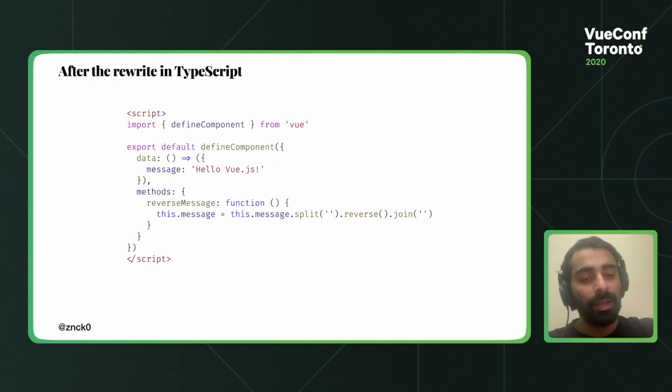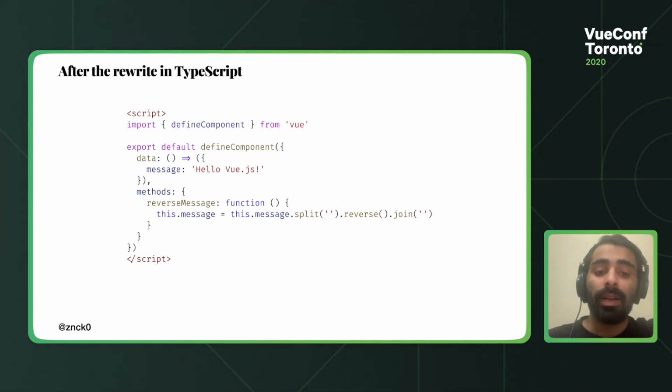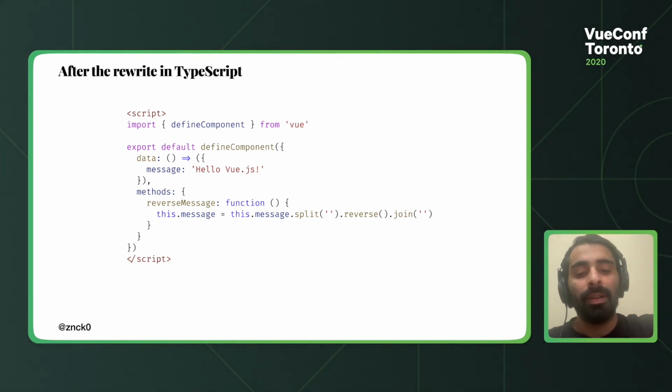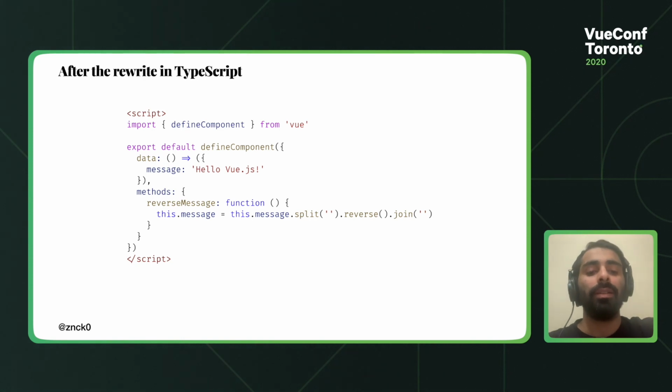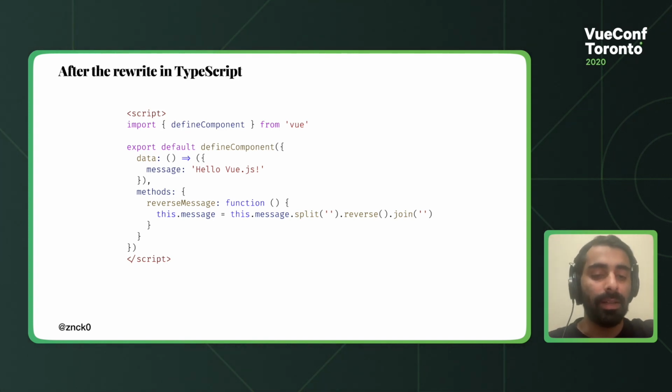In Vue 3, we are shipping a no operation, like a transparent function, defineComponent, which doesn't do much, but provides type support, provides types for this object so that this can be automatically inferred, and it can work in .vue files, in ts files, in js files.